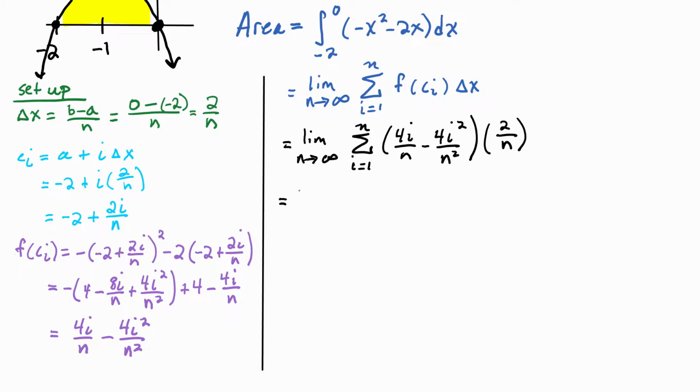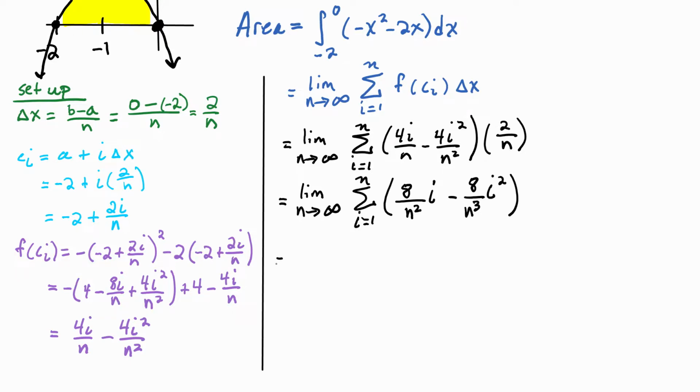So this will equal the limit as n goes to infinity, summation i equals 1 to n, and we have to distribute the 2 over n in, and we get 8 over n squared times i minus, we get 8 over n cubed times i squared.